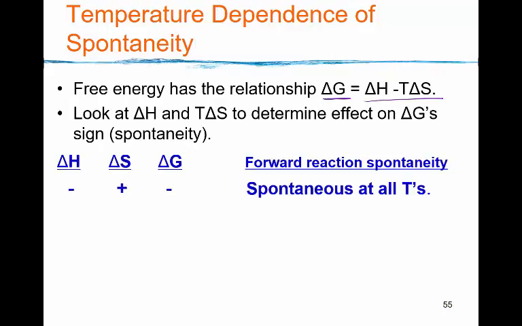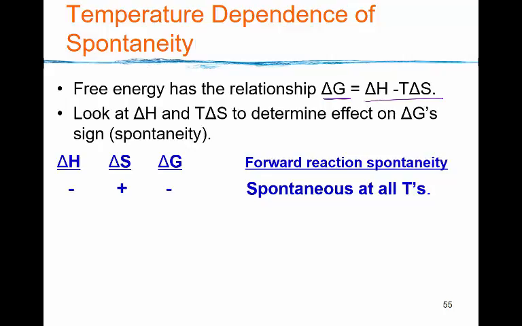So if we have a negative delta H and a positive delta S, then delta G is probably going to be negative. It's probably going to be whatever the delta H is. Why? Because the delta H is big, and the entropy number, if you remember, was like decimal places.